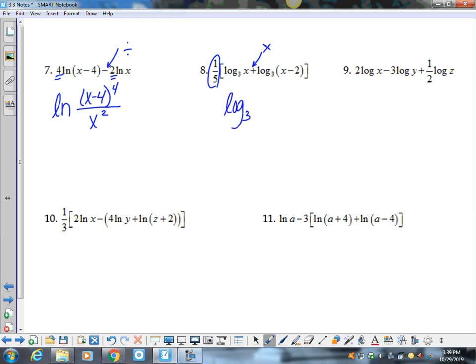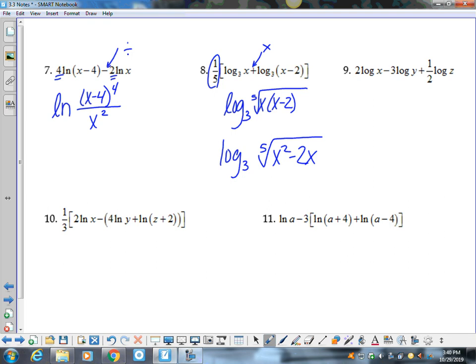So log base 3 of x times x minus 2. And then I'm going to 5th root, not the log. Make sure you're just 5th rooting the of. If you want to distribute that x inside, you can. It does nothing, but you can. Doesn't hurt anything.